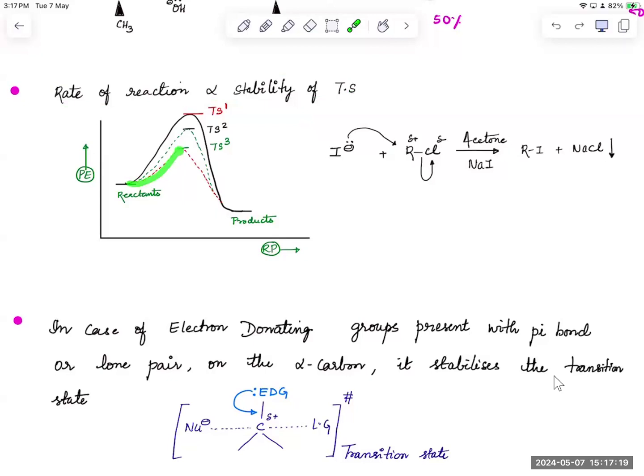So if you notice, the reactant is going with this path or this path or this path. All the paths are leading to product, but the path taken by TS1 will take longer time. So the rate of reaction will be less for TS1. Rate of reaction will be more for TS3.